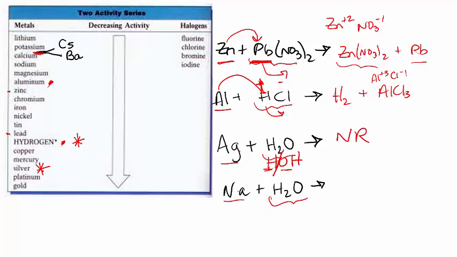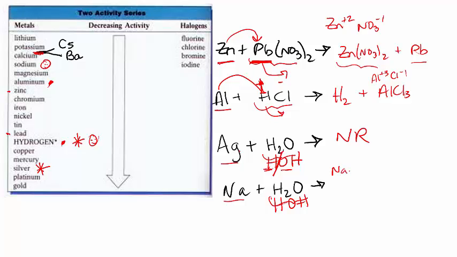Last one, find sodium. Sodium's kind of high up here, little smiley face. And we have water, which is the HOH. So hydrogen is down here. See hydrogen a lot. Sodium is higher up on your periodic table, so sodium should be the one that's bonded with the negative, and in our example here it is not.